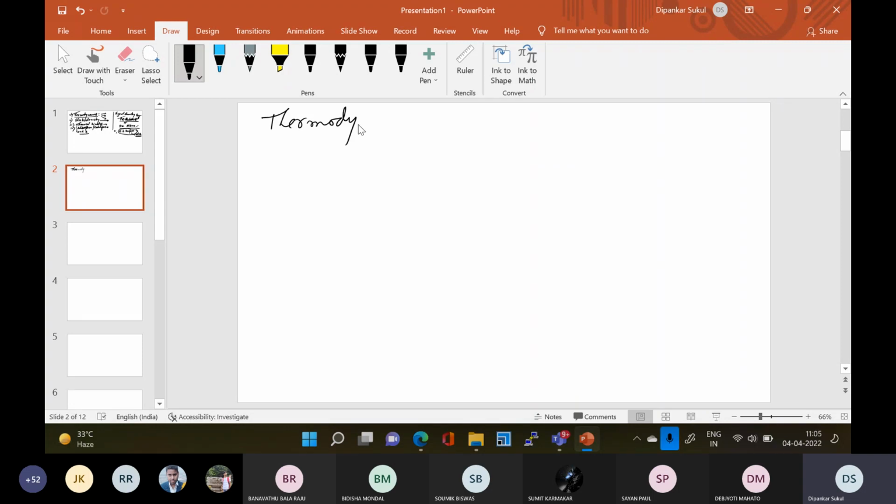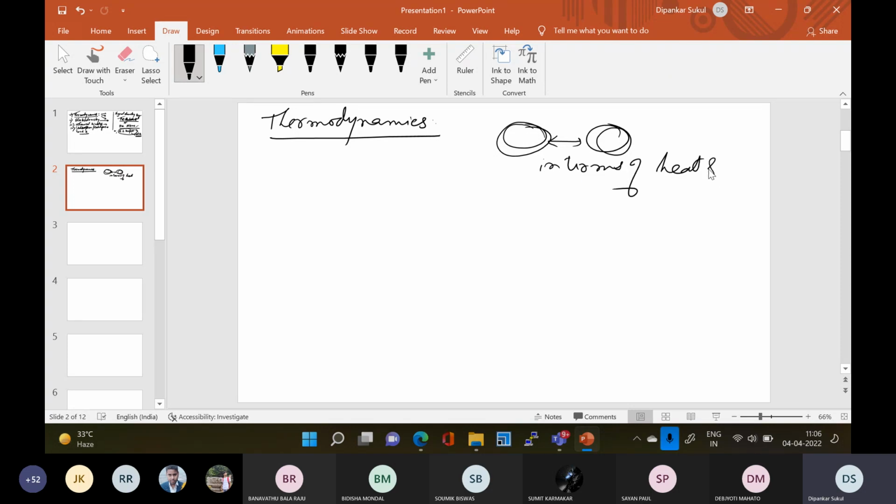The main concept you already know from your class 11. Thermodynamics deals with the interaction of one body with another. If I consider two different bodies, how do they interact with each other in terms of heat and work?